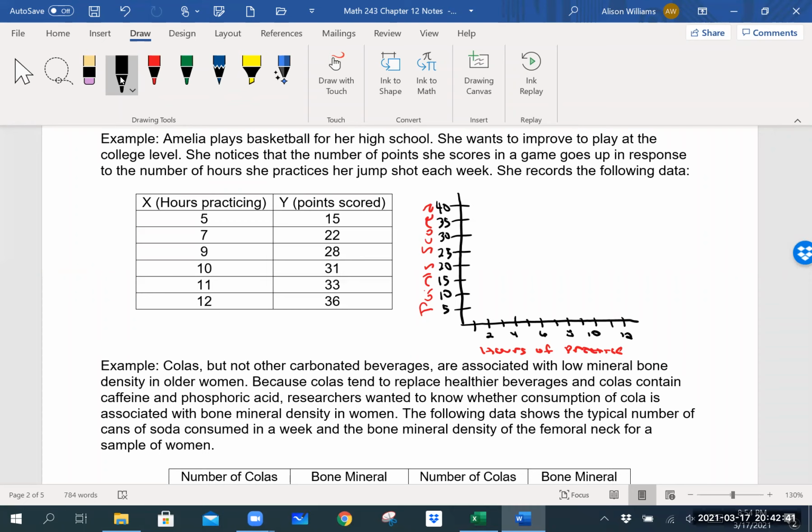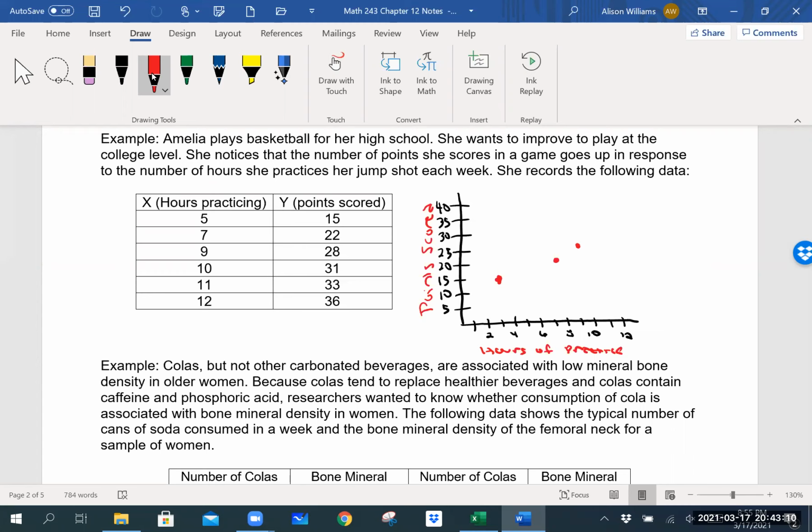All right, so I'm going to go ahead and graph this now. So 5 and 15 would be right here. 7 and 22 would be somewhere in between these two values. 9 and 28, closer to the 30. 10 and 31.